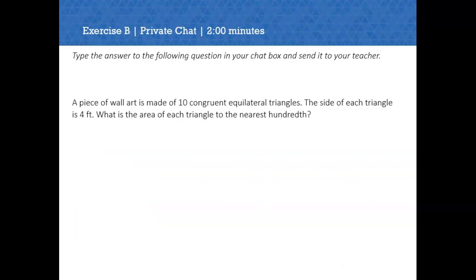A piece of wall art is made of 10 congruent equilateral triangles. The side of each triangle is 4 feet. What is the area of each triangle to the nearest hundredth? So it's just asking about one of the triangles, so that 10 is not really needed. So each side is 4 feet. So we have 4 feet, 4 feet, 4 feet, and it wants to know the area.